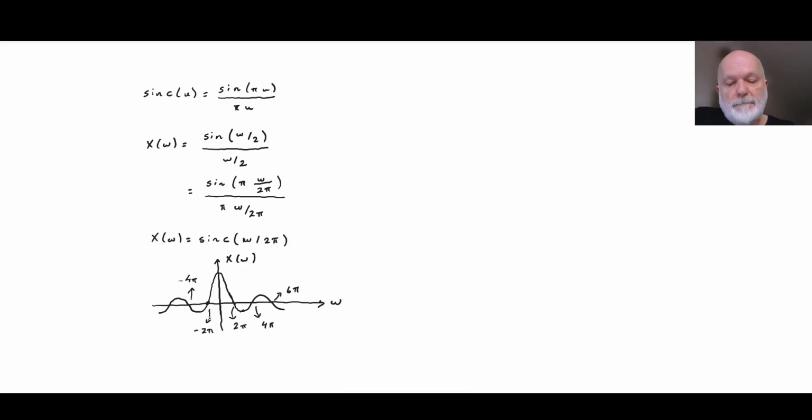Okay, now there is also an important detail related to this example. In the literature, sometimes the Fourier transform is expressed in terms of the frequency measured in hertz, f, instead of omega, which is the angular frequency.